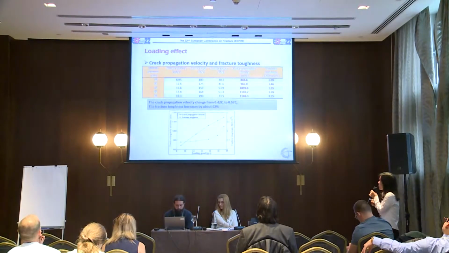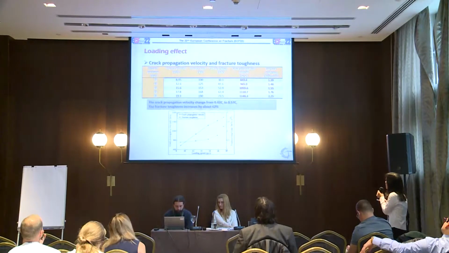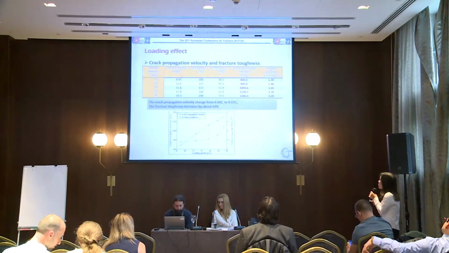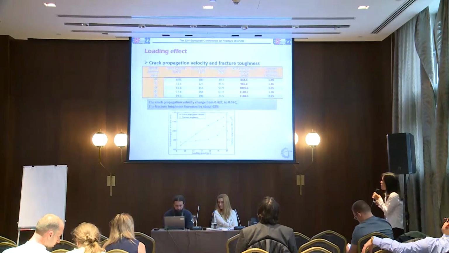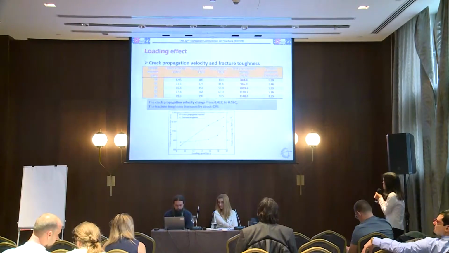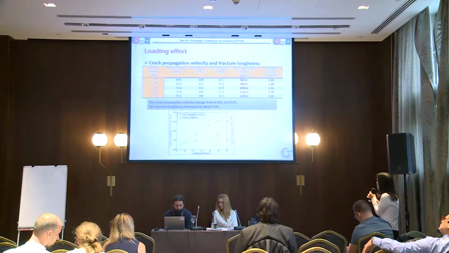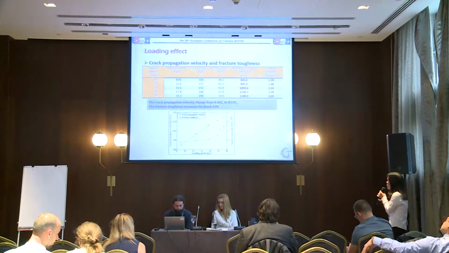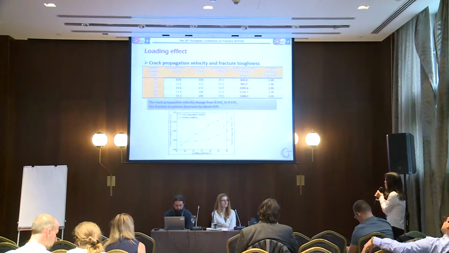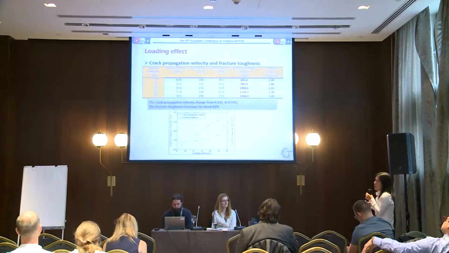Next is the loading rate effect. Crack propagation velocity and fracture toughness both increase with the impact force. The crack propagation velocity here is about 1.42 Rayleigh wave speed to 1.57 Rayleigh wave speed.